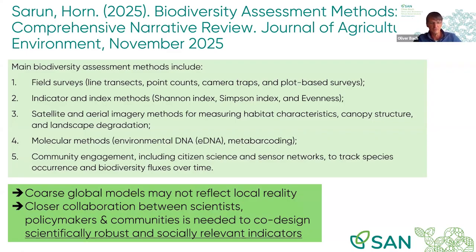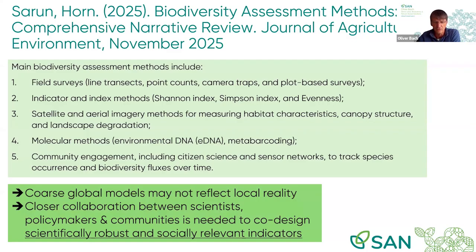And there's a big portion of the population that likes bird watching, amongst other nice animals, and so there's a strong trend around citizen science. But the main challenge is to get scientists, policymakers, and communities together and really design scientifically robust and socially relevant indicators.